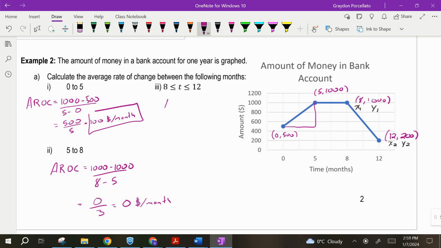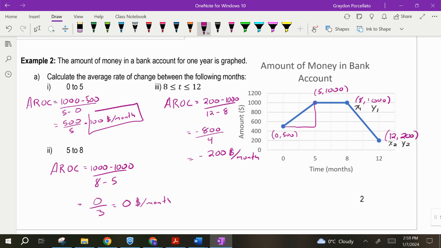My average rate of change here is going to be 200 minus 1,000 over 12 minus 8, which is equal to negative 800 over 4, which is equal to negative $200 per month. So they were spending or losing $200 per month.